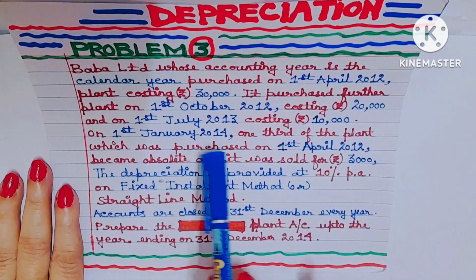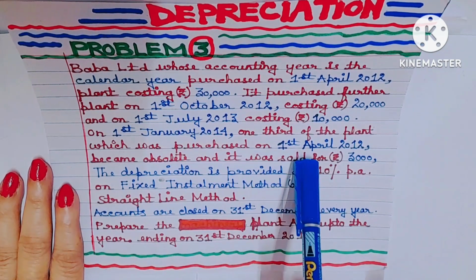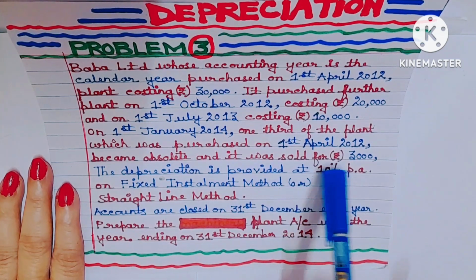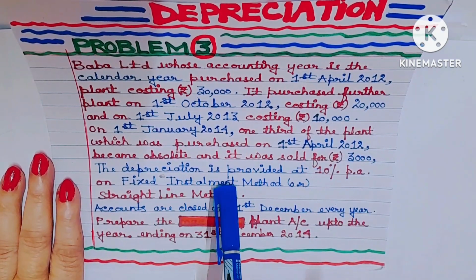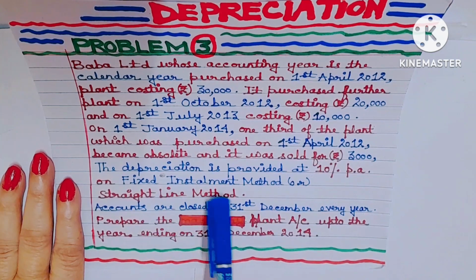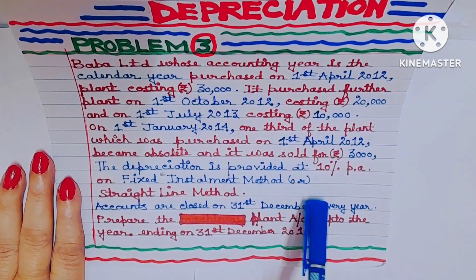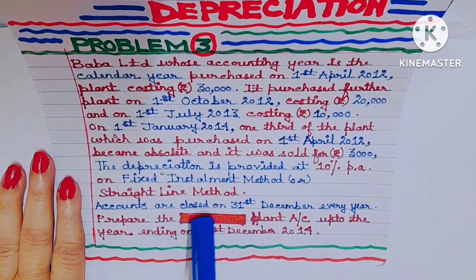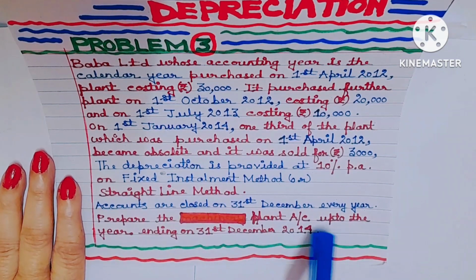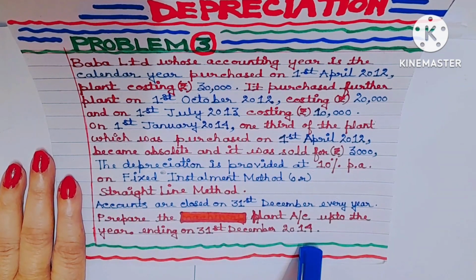On 1st January 2014, one-third of the plant which was purchased on 1st April 2012 became obsolete and it was sold for rupees 3,000. The depreciation is provided at 10% per annum on fixed installment method or straight line method, or SLM in short form, all the same. Accounts are closed on 31st December every year. Prepare the plant account up to the year ending on 31st December 2014.